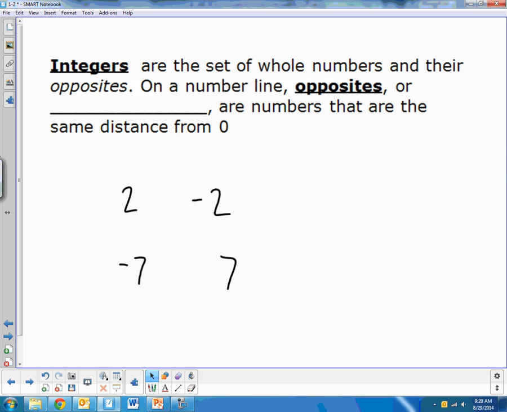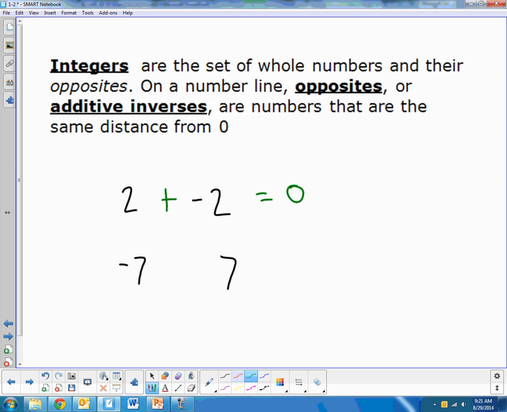We have another name for those. We also call them additive inverses. A longer name, but additive inverses are the numbers that are the same distance from 0. And that's a little bit different than what some of you are thinking. Some of you might already be thinking about absolute value. We'll get to that later. But additive inverses, what that means is if you add them together, well, 2 plus negative 2, 0.